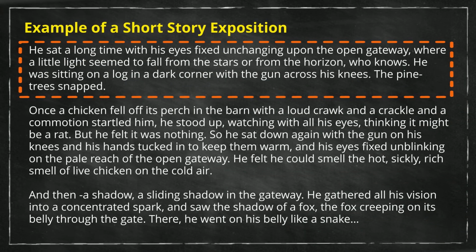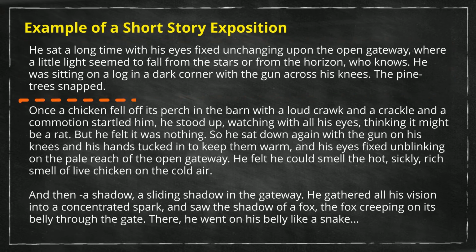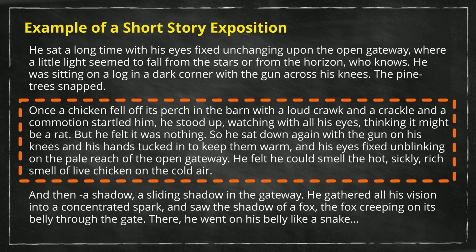He sat a long time with his eyes fixed on the open gateway, where a little light seemed to fall from the stars or from the horizon. Who knows? He was sitting on a log in a dark corner with the gun across his knees. The pine tree snapped. Once a chicken fell off its perch in the barn with a loud crack and a crackle, and a commotion startled him.